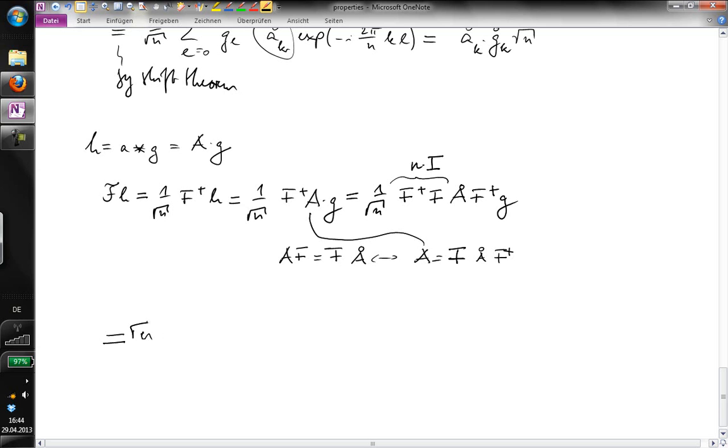So this gives me square root of n times the diagonal matrix times the transform.